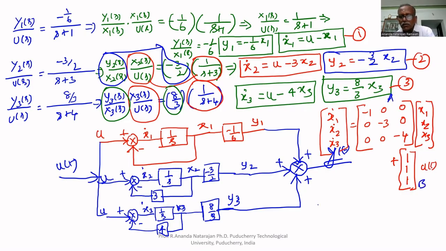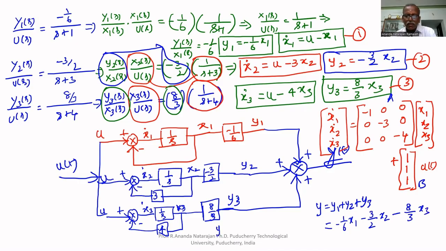What is y? y equal to y1 plus y2 plus y3, that is equal to minus 1 by 6 x1 minus 3 by 2 x2 minus 8 by 3 x3.